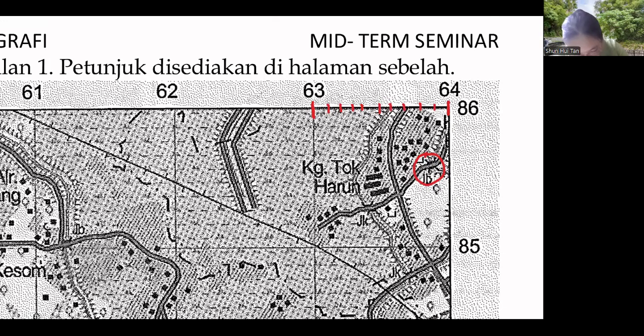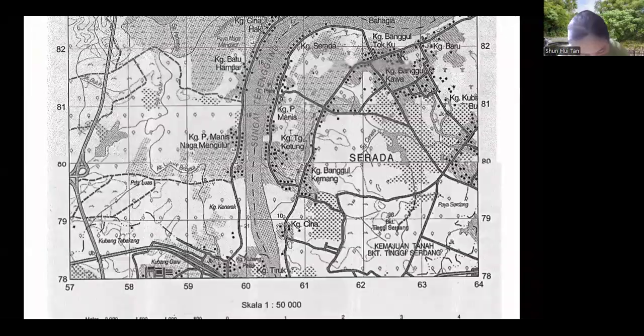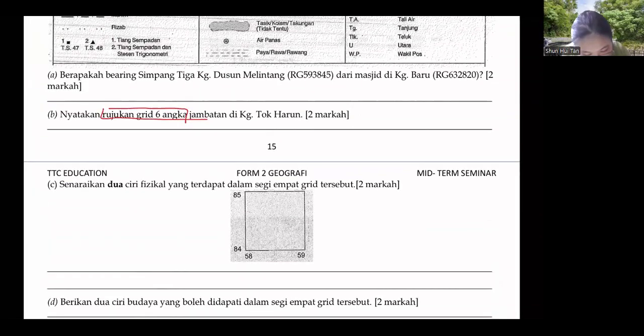So, all right. So you can read. 63, 0.1, 0.2, 0.3, 0.4, 5, 6, 7, 8. So it's going to be 63. Sorry, jambatan. Wait, let me double check with the jambatan. Did they say jambatan kayu or what?